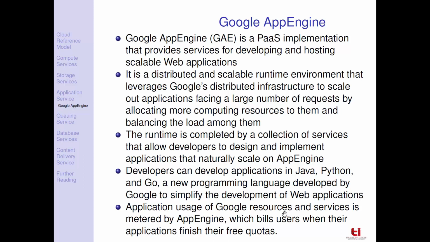Application usage of Google resources and services is metered by App Engine, which bills the user when their application finishes their free quota. So this is the billing model. So there is a meter. That means the services are metered and the users will be charged as per the consumption.